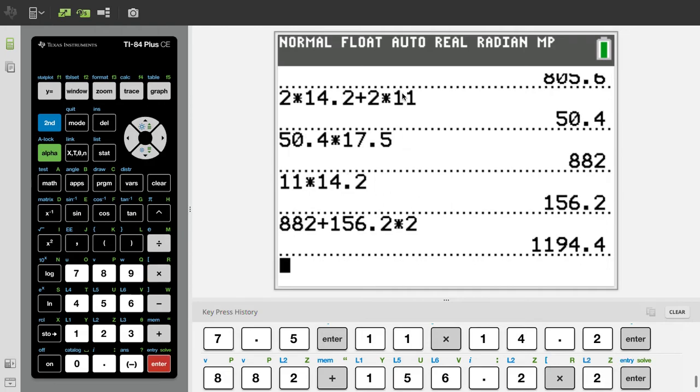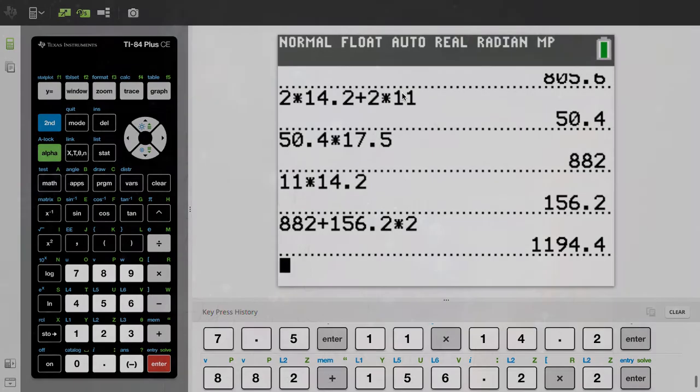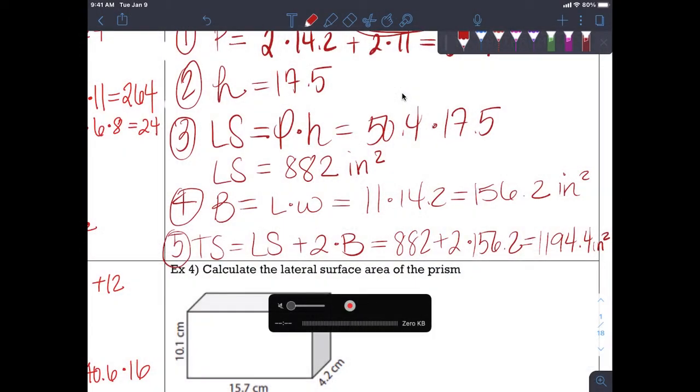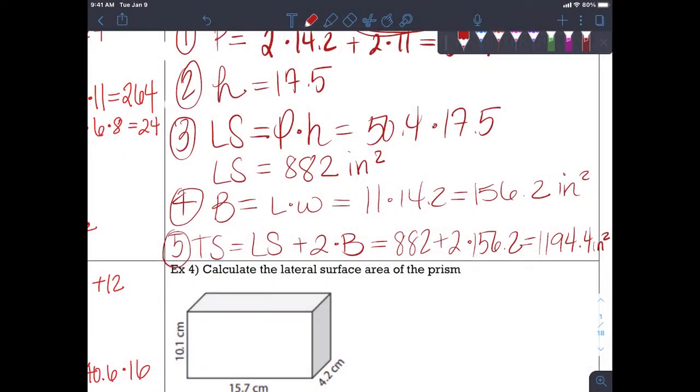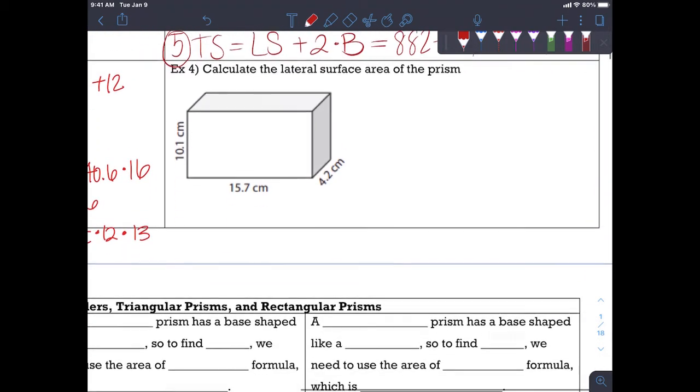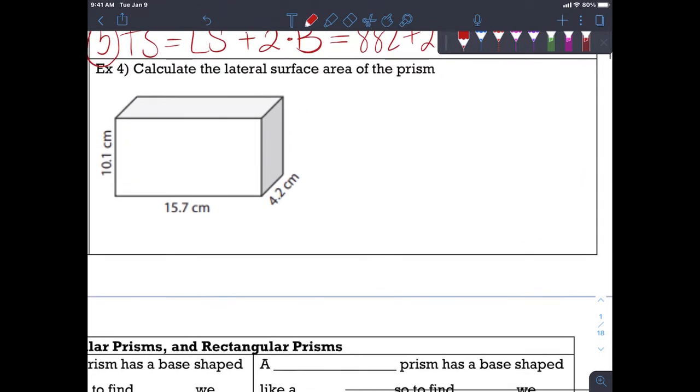And I end up with a total surface area of 1,194.4 inches squared. Simple. Same exact steps every single time. All right, let's go ahead and take a look at just one more example.